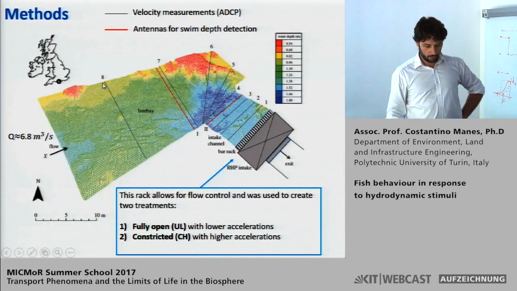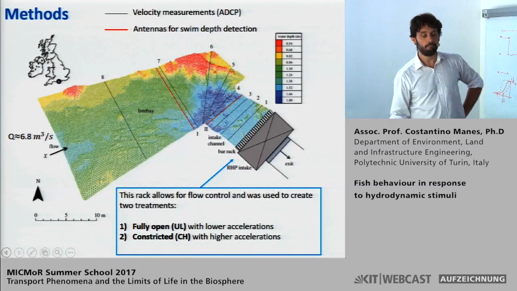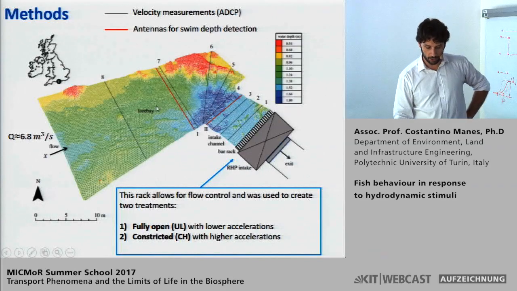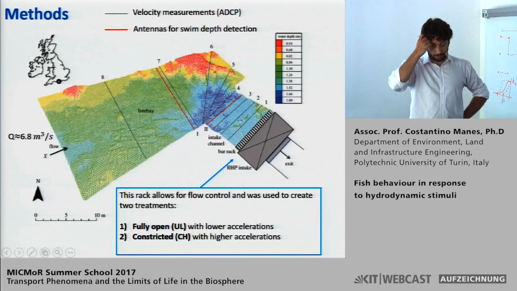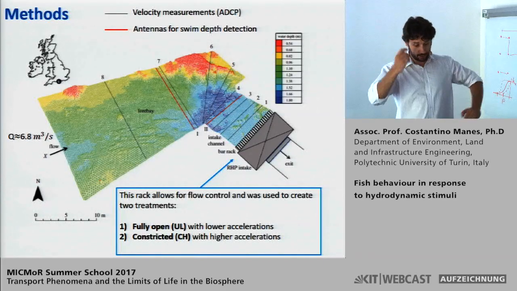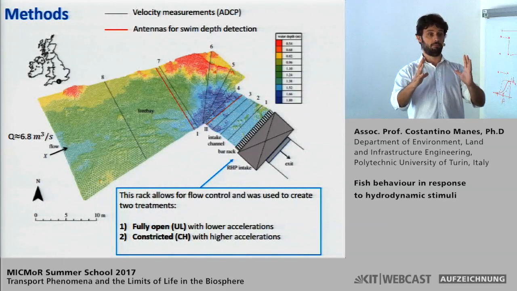I was saying before doing the eel experiments, we did some transects with an instrument called ADCP that allowed us to measure mean velocities in a few cross sections of the channel, and these are the black lines. Just a little bit of background, an ADCP is a big instrument with a huge sampling volume.